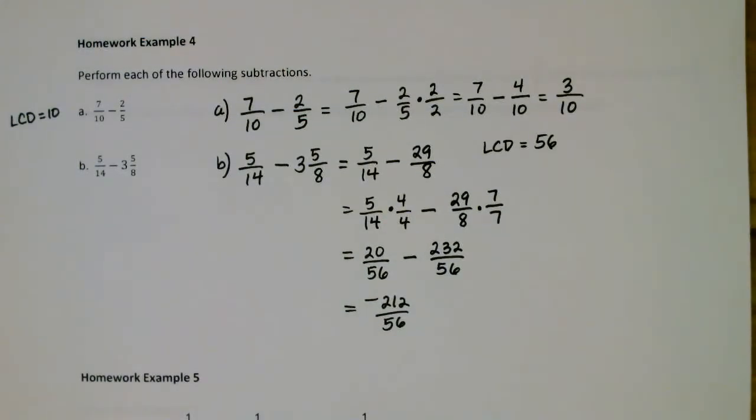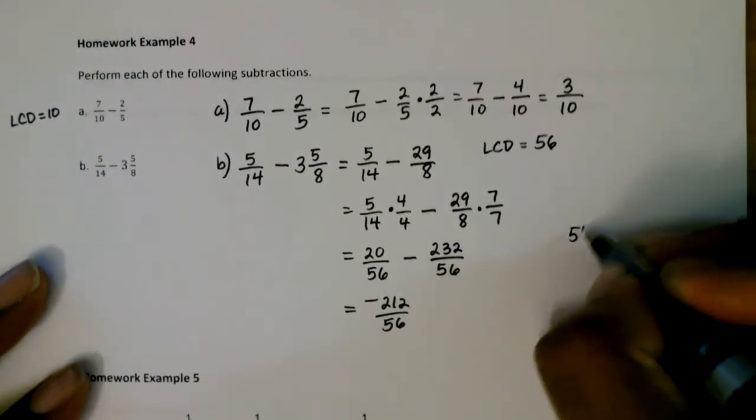And then if I divide 56 into 212, let's see what that's going to look like if I do the long division off to the side.